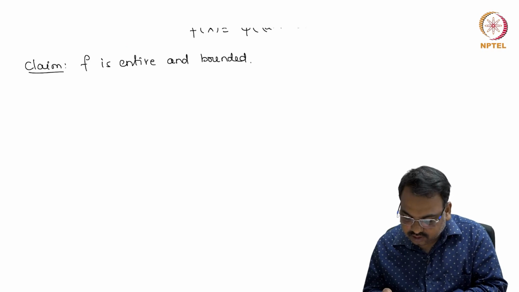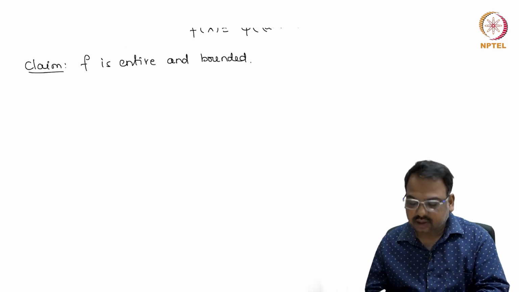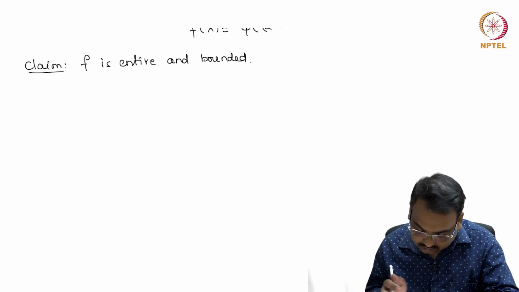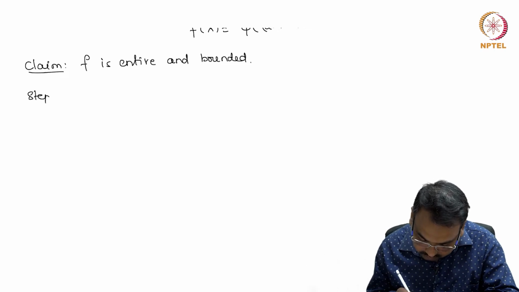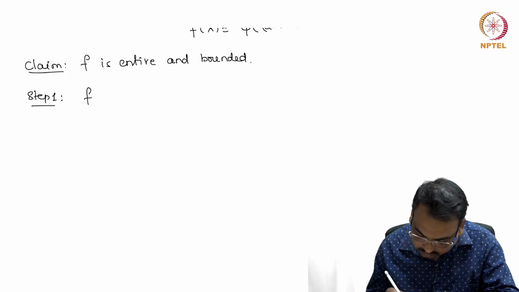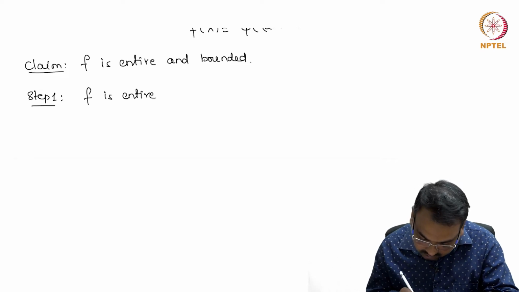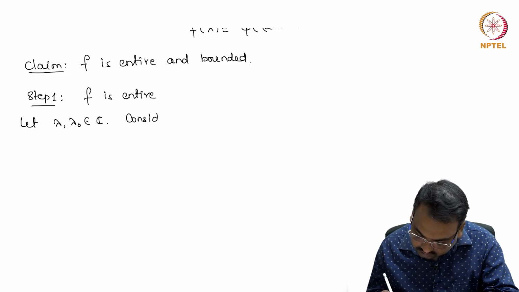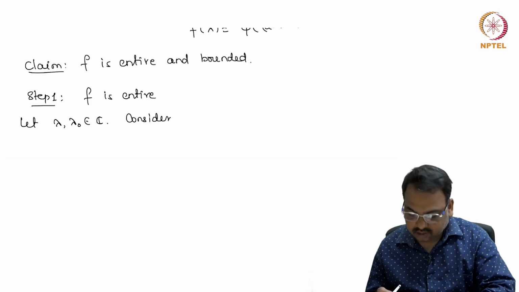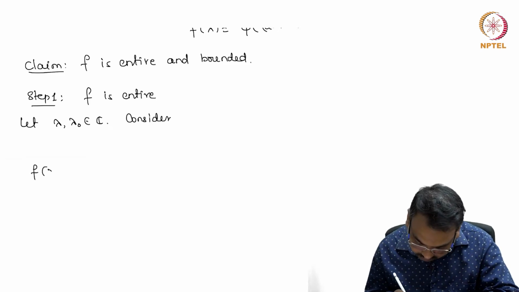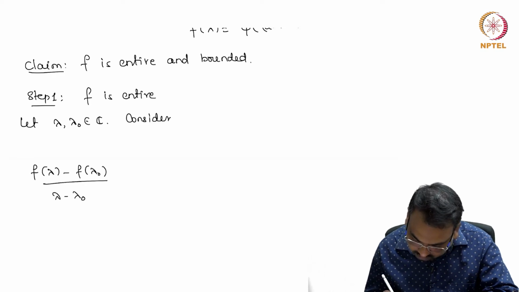So let us try to show that it is analytic. So the first step, f is entire. So let us take lambda naught in C. Let us see whether it is differentiable at lambda naught. So (f of lambda minus f of lambda naught) divided by (lambda minus lambda naught).